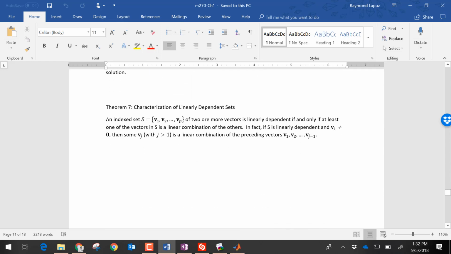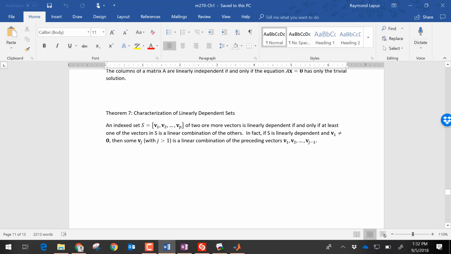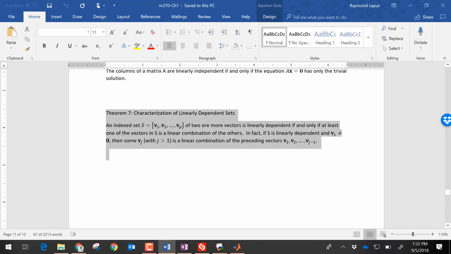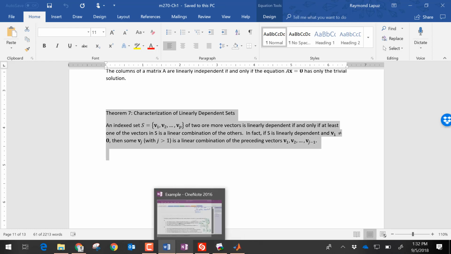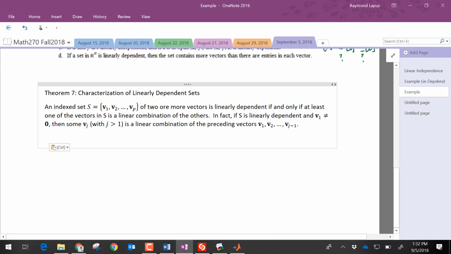Linear independence. Oh, there's one more theorem. Let's see if we can make sense out of this theorem. An indexed set of two or more vectors is linearly dependent if and only if at least one of the vectors in S is a linear combination of the others.